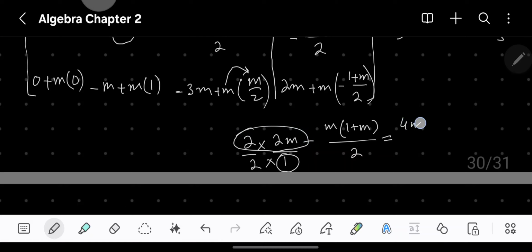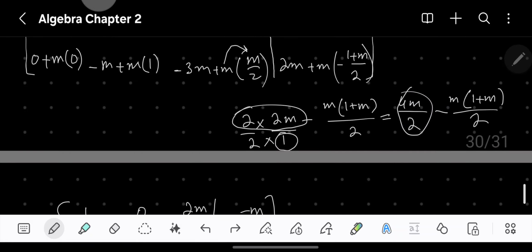It is 4m by 1 multiply 2 is 2, minus m times 1 plus m by 2. Now you can check their denominator is same. What will happen now? I can write their common denominator as 2, then 4m minus m times 1 plus m.